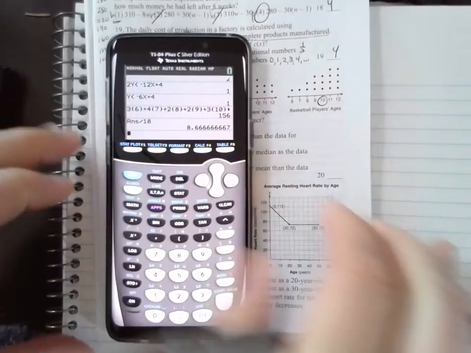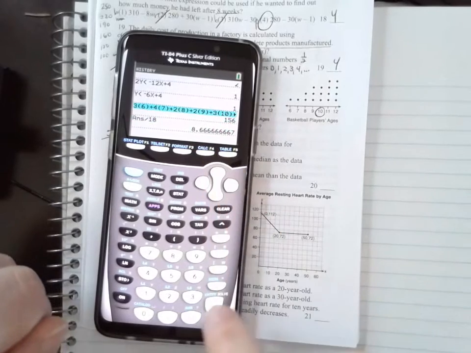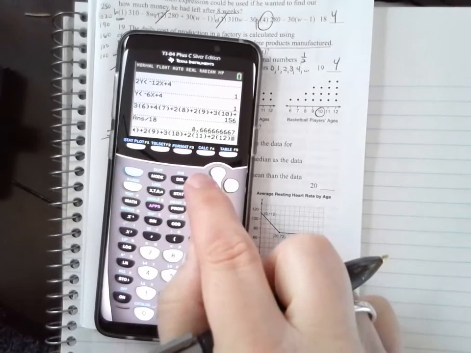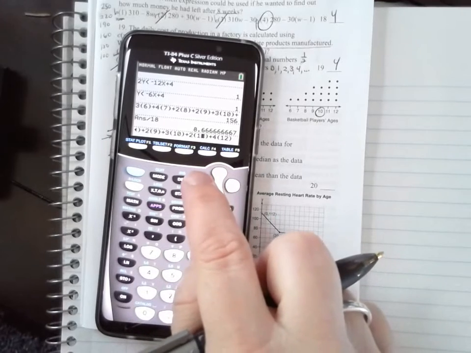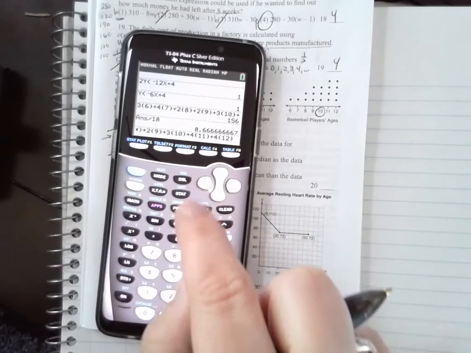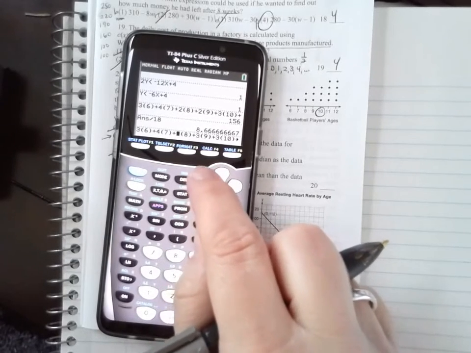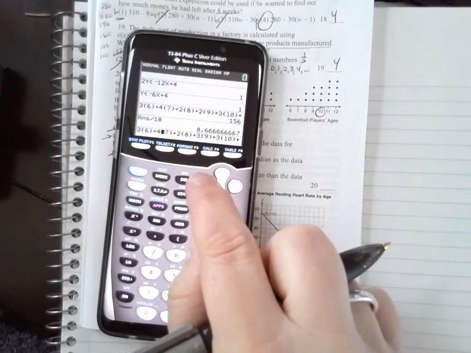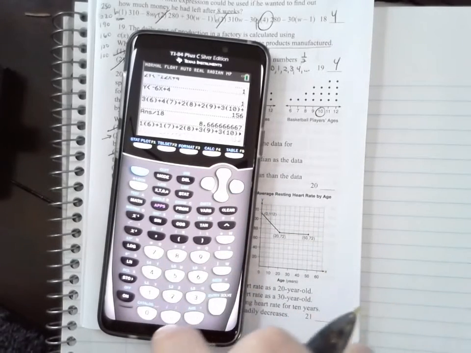If I do the same thing for basketball players, I'm going to go back to that statement that I had up here, and I'm just going to change my coefficients. I have 4 12s, 4 11s, 3 10s, 3 9s, 2 8s, 1 7, and 1 6.